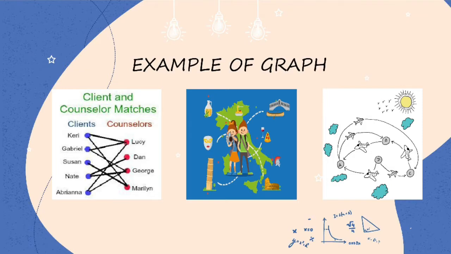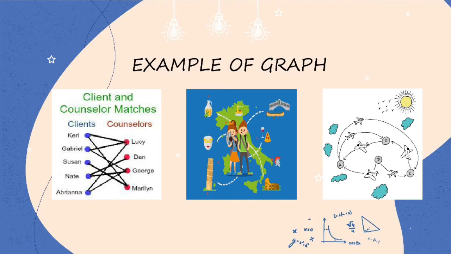Let's look at the examples of graphs. Graph 1. You can see in graph 1, the vertices consist of the clients and counselor, while the edges consist of the relationship or connection between them. Graph 2.